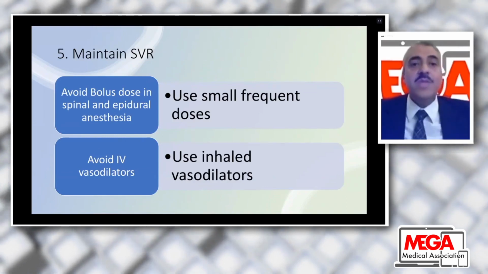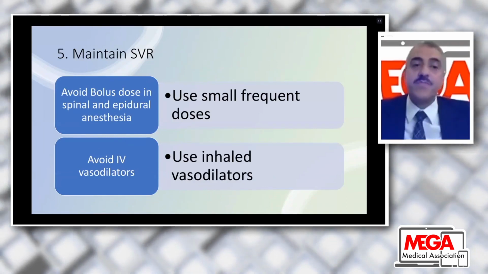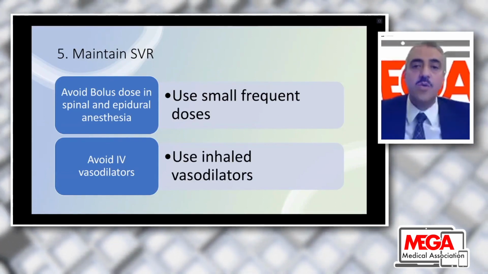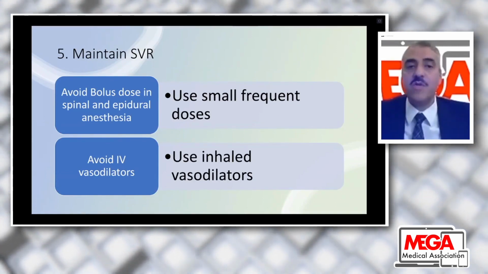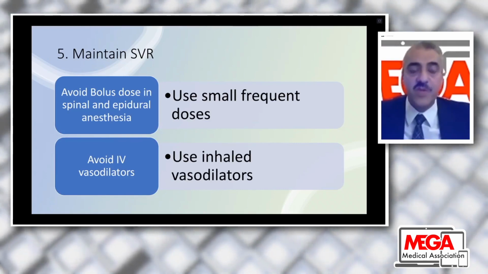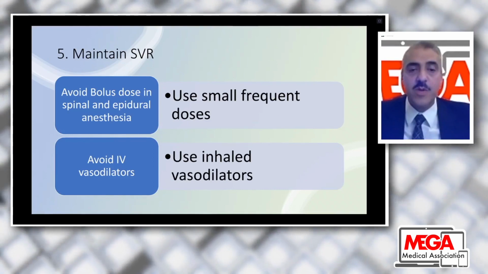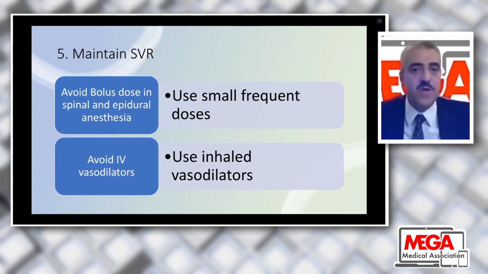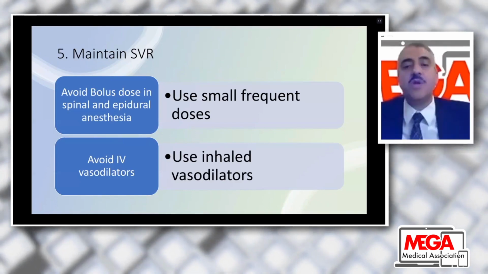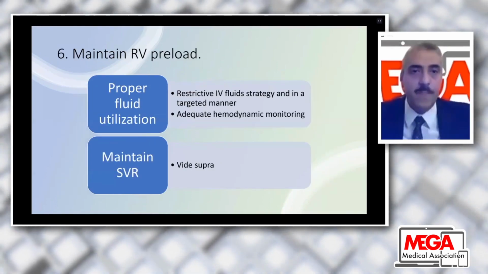We need to maintain the systemic vascular resistance by avoiding bolus doses in spinal and epidural anesthesia; use small, frequent doses of these drugs. We need also to avoid intravenous vasodilators because they cause pulmonary vasodilation and also systemic vasodilation. It is better to use inhaled vasodilators. We are going to talk about this.